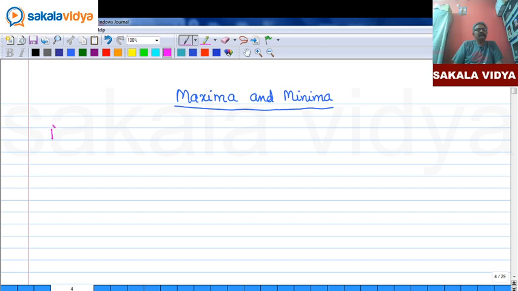First point, let f map A to R be a function.